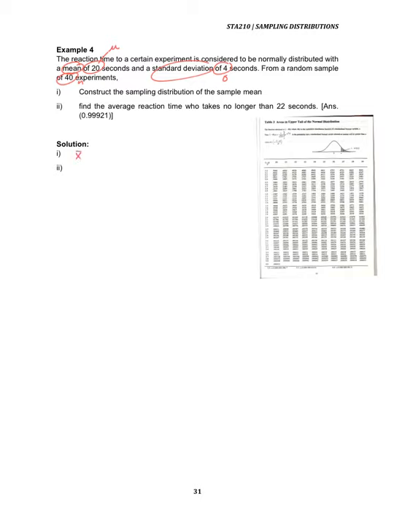So x bar has normal distribution with mean equivalent to 20 and variance equivalent to 4 over n, n is 40.